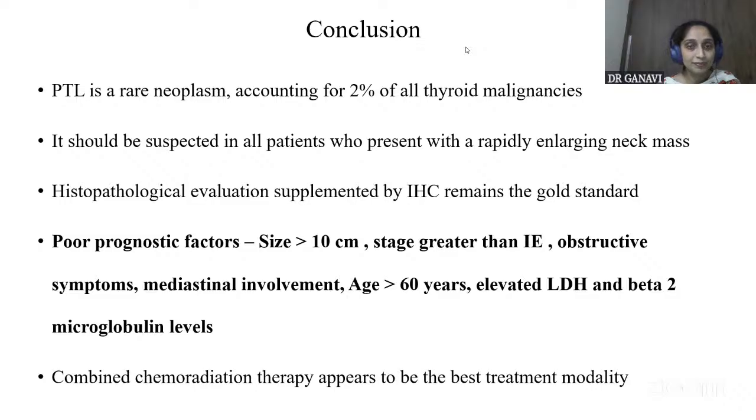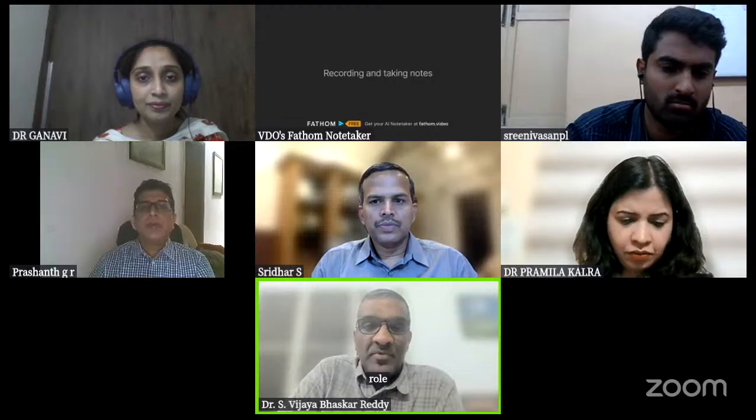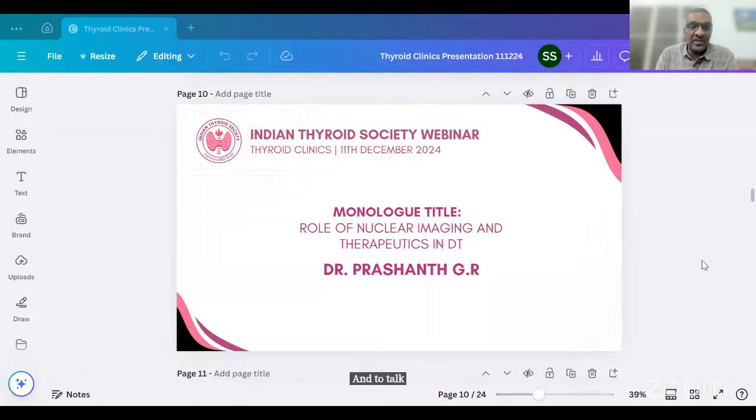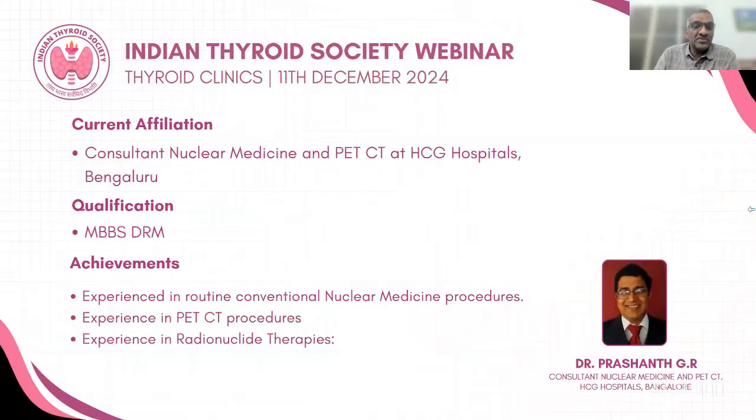Next, we move on to the interesting topic of the role of nuclear imaging and therapeutics in differentiated thyroid cancer (DTC). To talk on this, we have Dr. Prashant GR, consultant in nuclear medicine and PET CT at HCG Hospitals, Bengaluru.